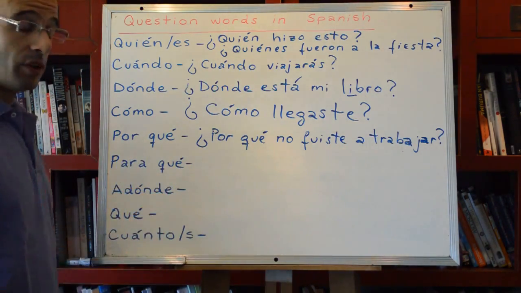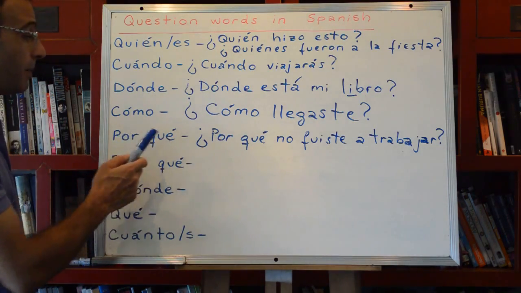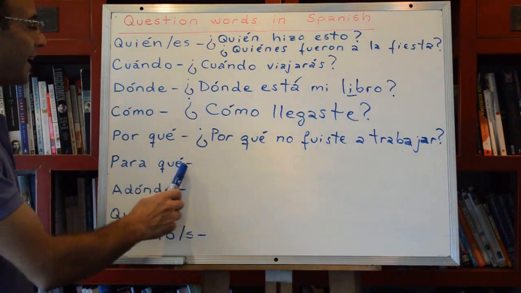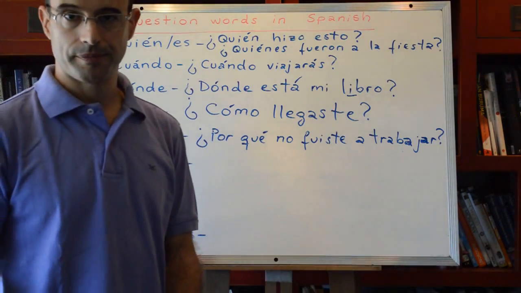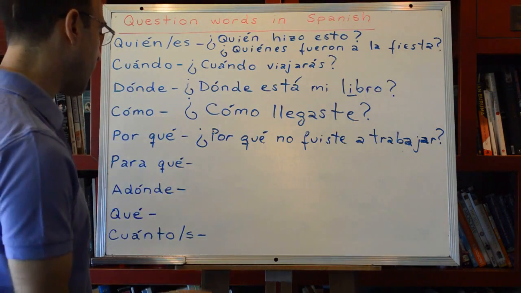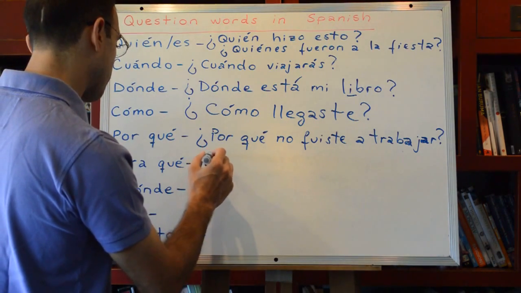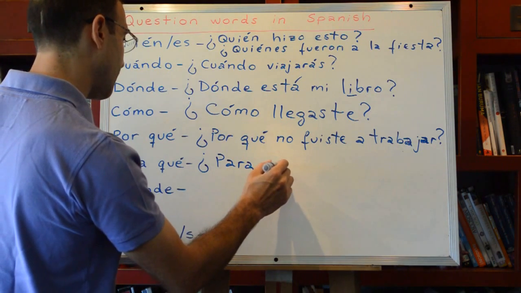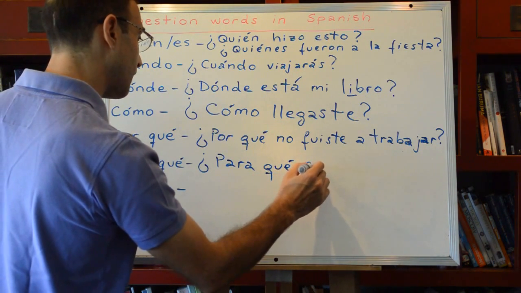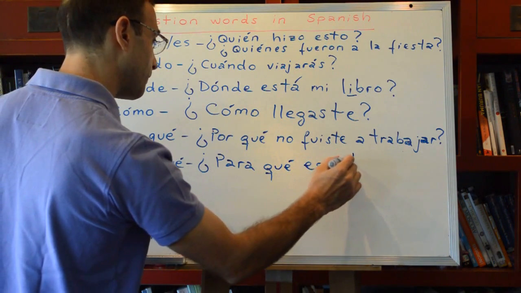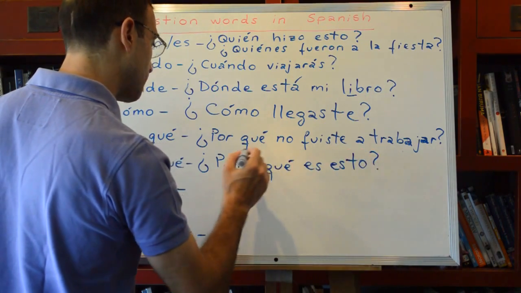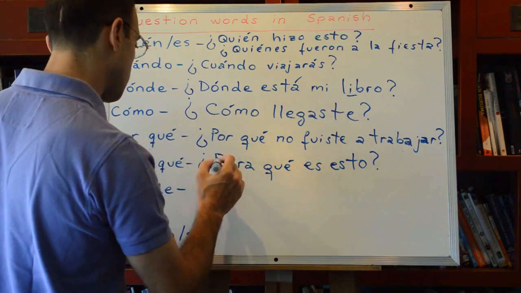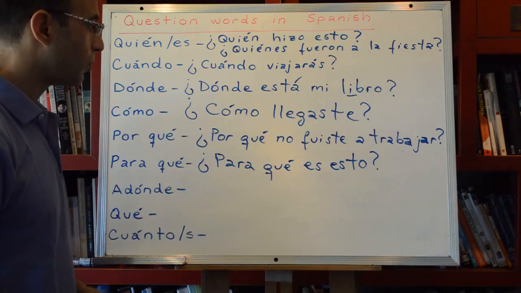Now, para qué, this one is very similar. ¿Por qué means why? ¿Para qué means what for? What for? Example. ¿Para qué es esto? Okay, ¿para qué es esto?